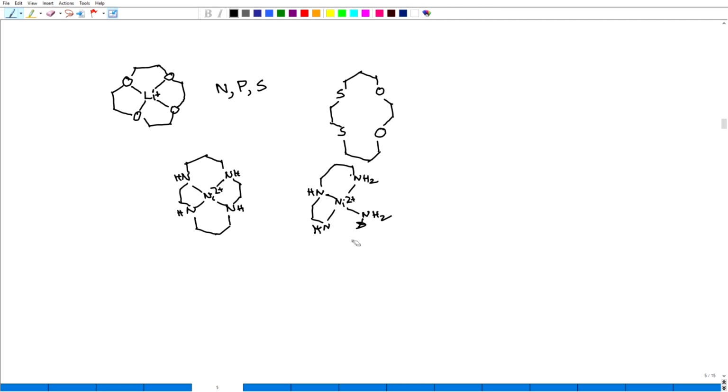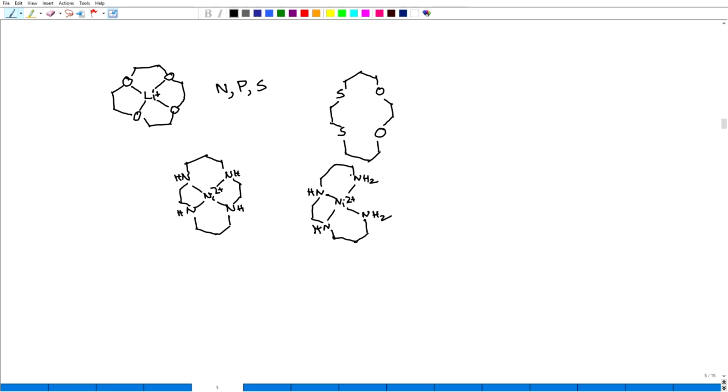Let me draw this so it becomes identical. So, this is an acyclic analog of this cyclic compound.